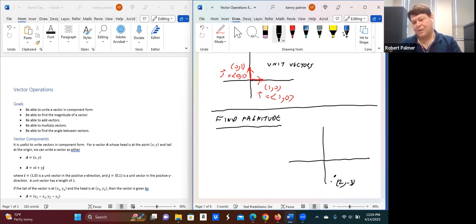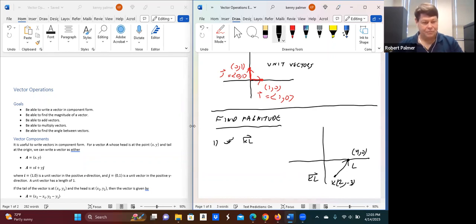Let's call this point K. Another point is going to be 4, 0. Let's call this point L. And so we have a vector that goes from here to there, and we're going to call that vector simply KL. Remember, it indicates a vector, so put a line over it. So we want to find the magnitude of this vector KL.